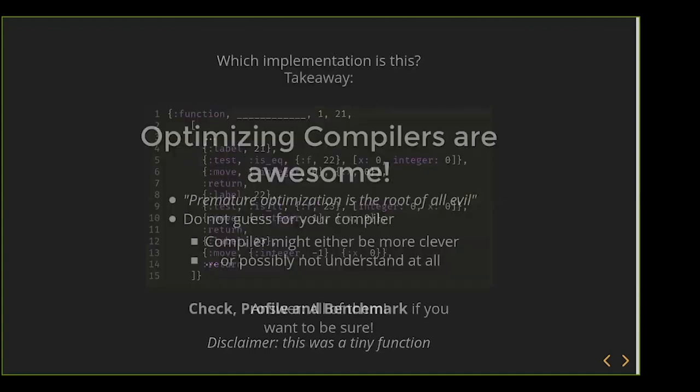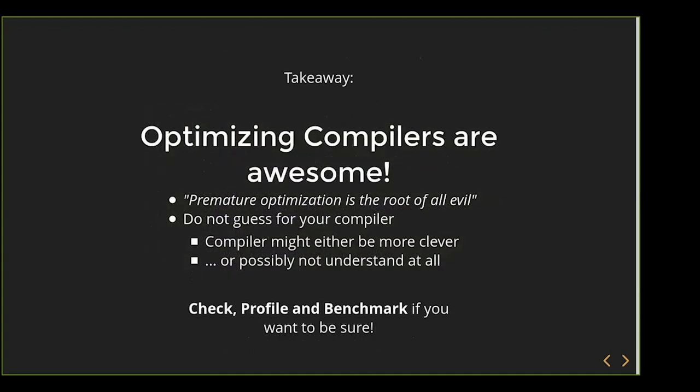But the main takeaway here is that optimizing compilers are amazing, and you should not think too hard about efficiency when starting to write your code. Only if later you find out that somewhere there's a bottleneck, that is when you should start profiling, benchmarking, and possibly looking at what actually ends up being executed on the bytecode level to find out if there's some place that you need to improve something.